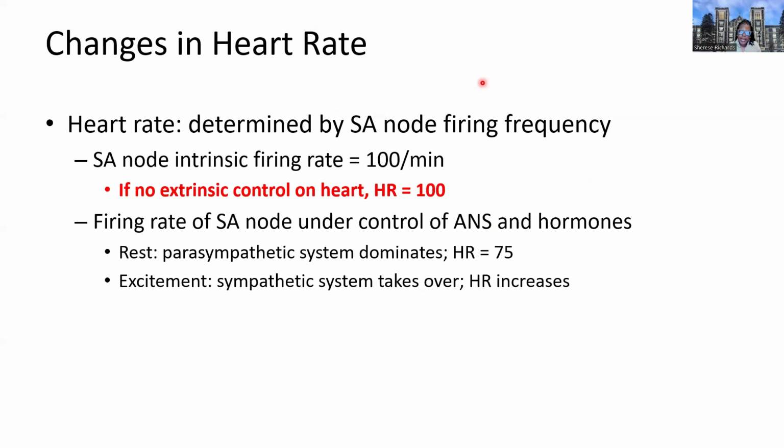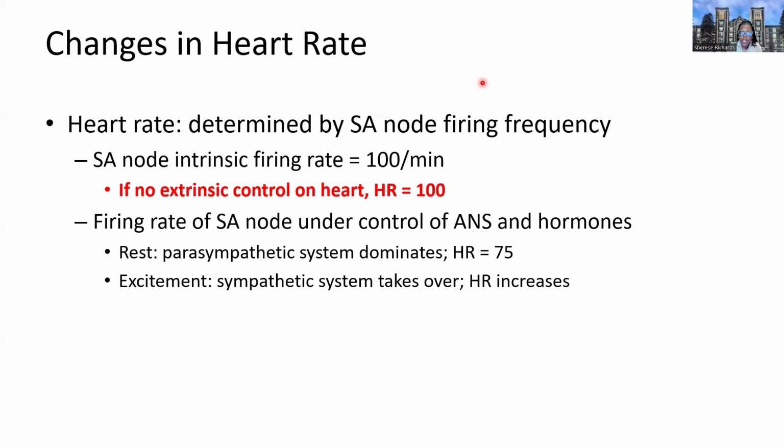So if you were to take an SA nodal pacemaker cell and put it outside of the body into a petri dish, for example, it would generate 100 action potentials per minute. But because it is under the influence of our neurons, of the parasympathetic system, which is slightly more predominant than the sympathetic system, it's going to slow that firing rate to about 70, 75 beats per minute, which is where we get our resting heart rate from.